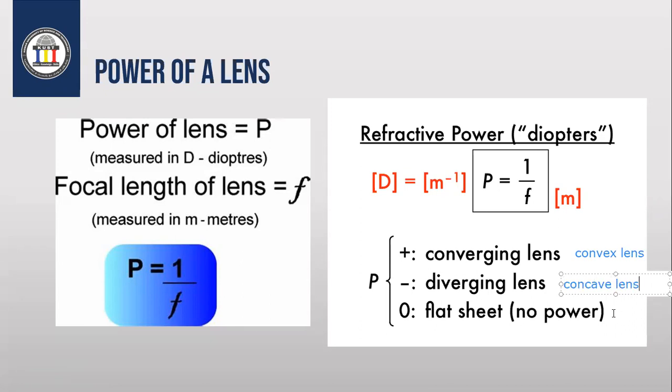This one, no lens. So if you have a concave lens, you will see a minus. The negative one is concave, and the positive one will be the convex one. All right.